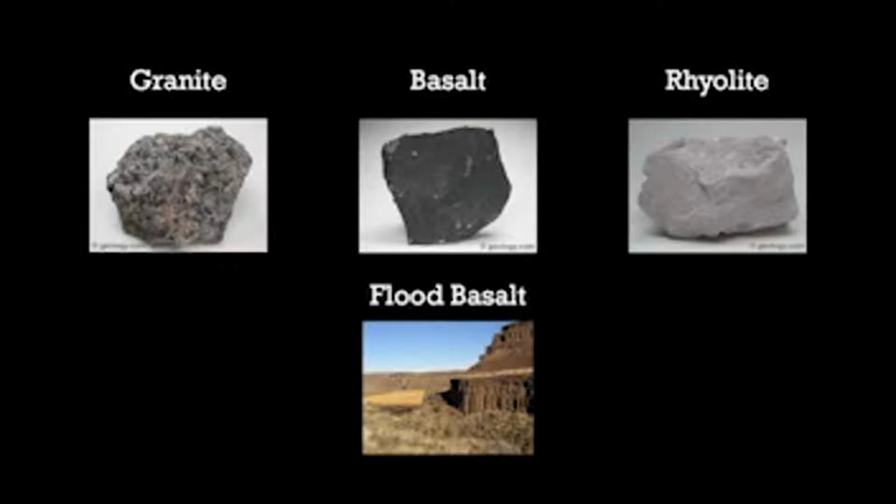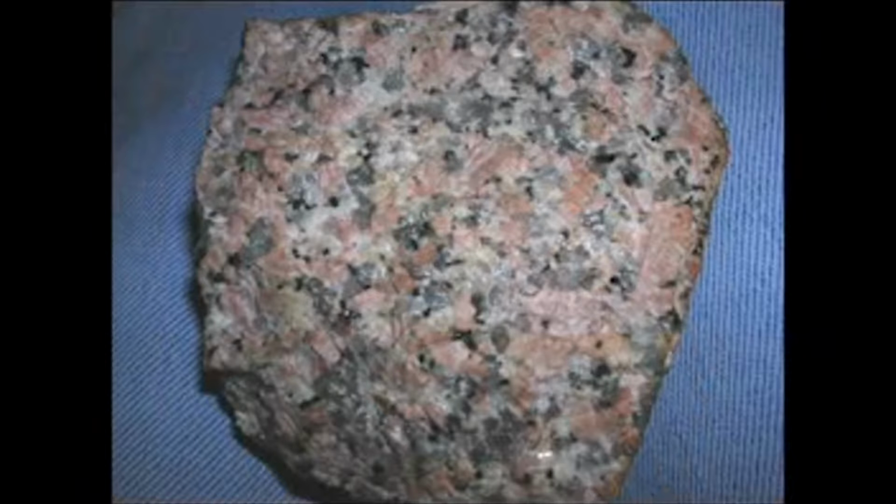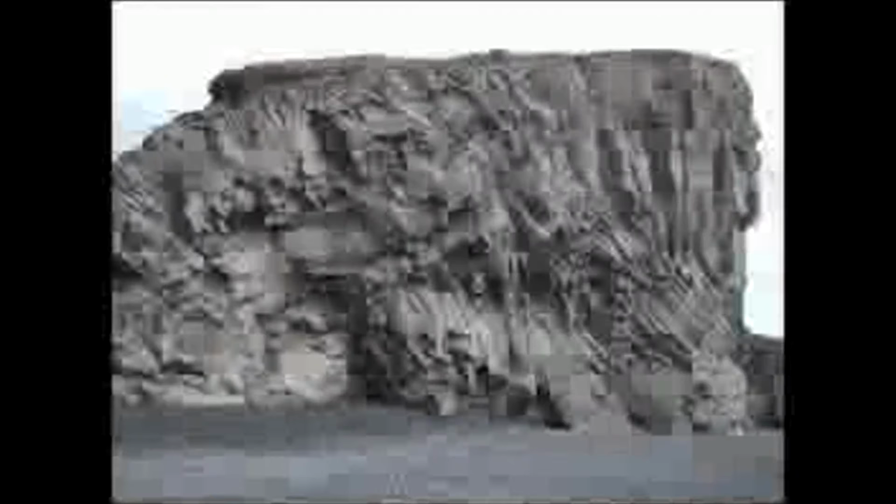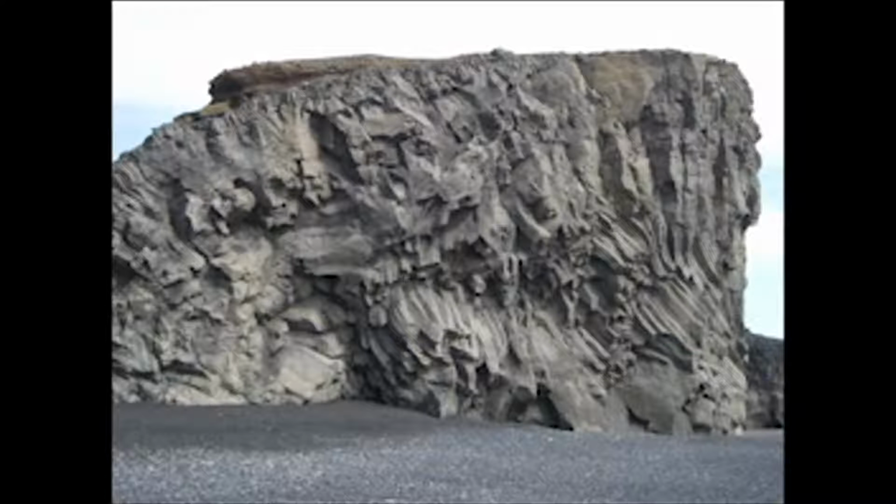There are four main primary rock types found in the geologic province of the Owyhee Volcanics. The first one is granite, which is the salt and pepper looking rock, and it's cooled slowly under the Earth's surface. We then have basalt, which is smooth with some ridges, and it's cooled quickly and extrusive of the Earth's surface.